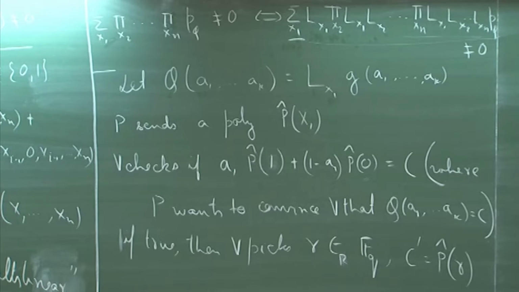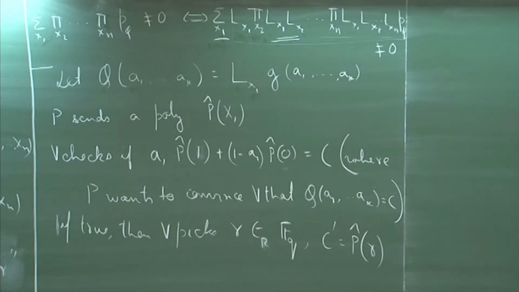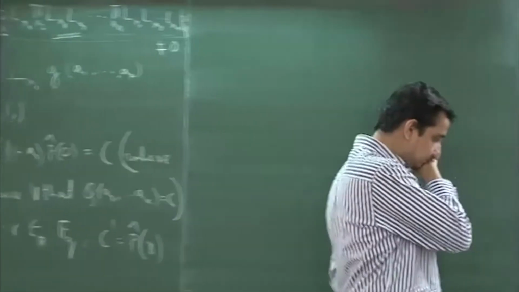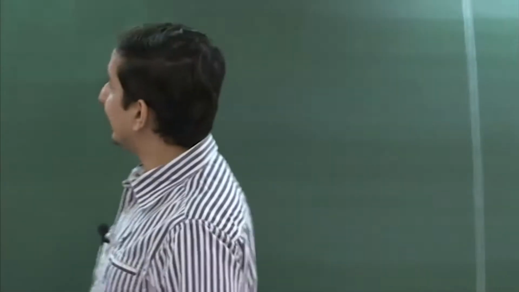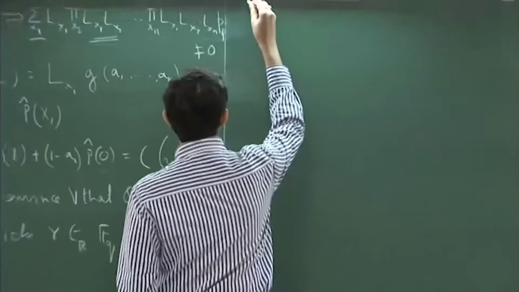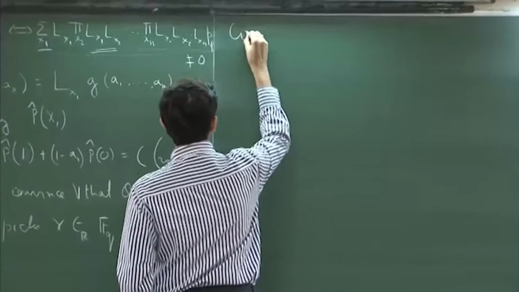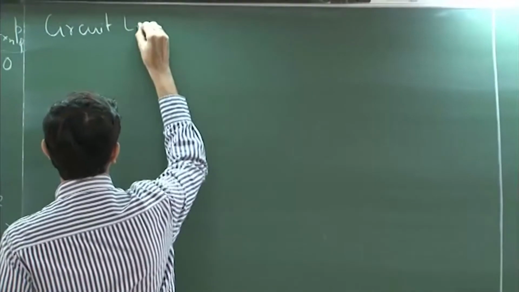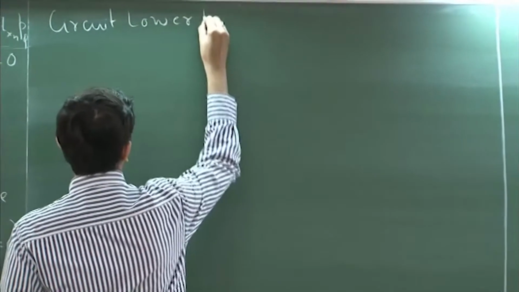Okay, so the next thing that we will do is very different in flavor from the kind of things that we have been seeing in the last few lectures. The next thing that we will do is what are known as circuit lower bounds.